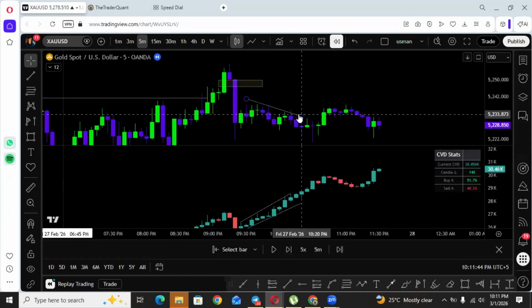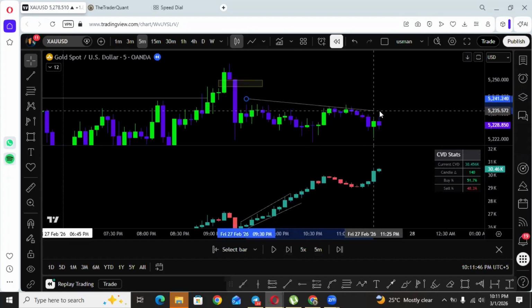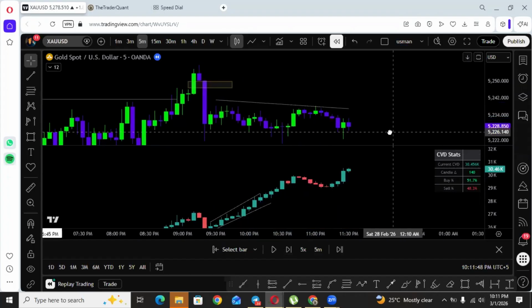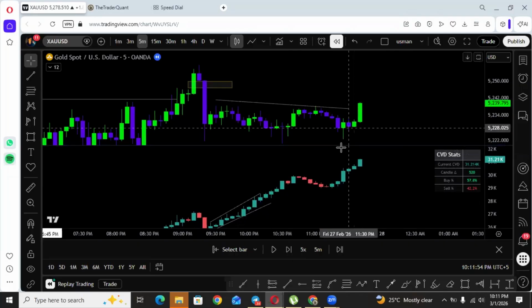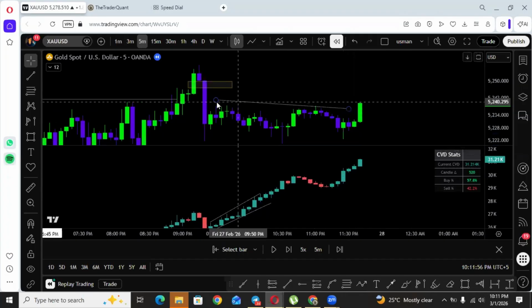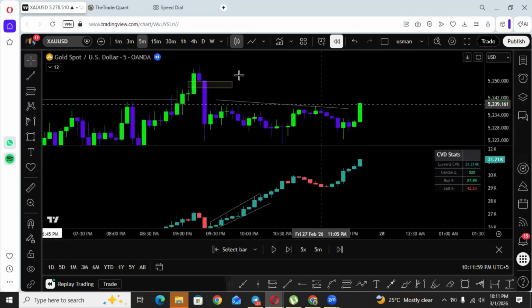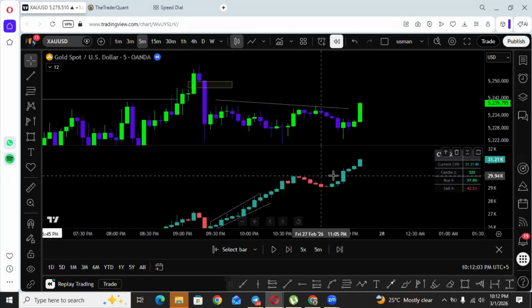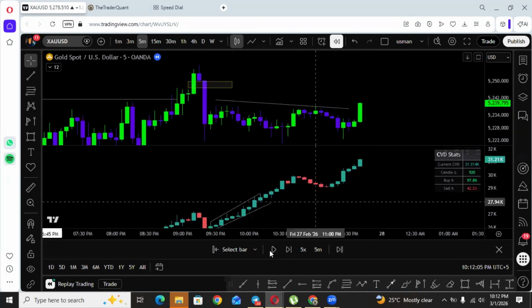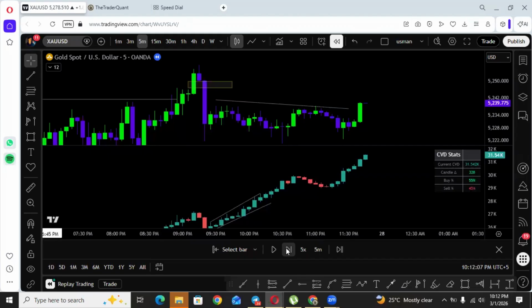They are inducing every retail trader to enter in the sell direction. But where they will go low, everyone's stop loss will hit, because everyone's stop loss may be at this high or this high. This high stop loss will never be safe because their actual direction was bullish. So let's play the chart and see.